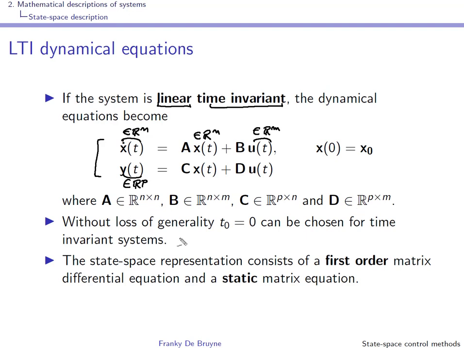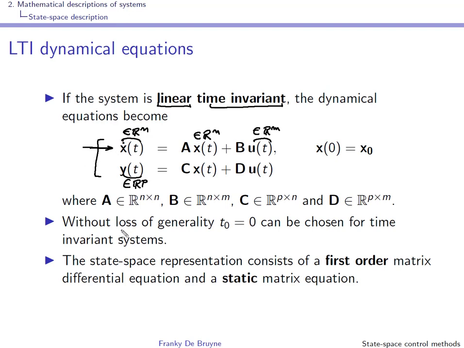Without loss of generality, because the system is time invariant, and if you shift the input, you shift the output, right? We can choose t0 to be 0, and that's what we'll do in the future. What we have here is the so-called state space description, and it consists of a first order matrix differential equation, this is this equation here.